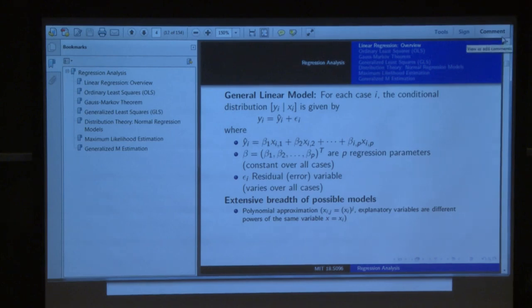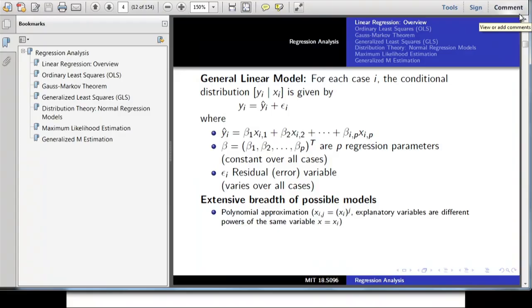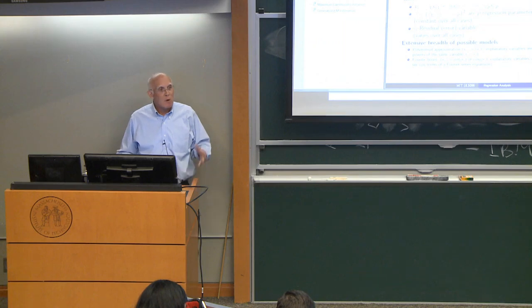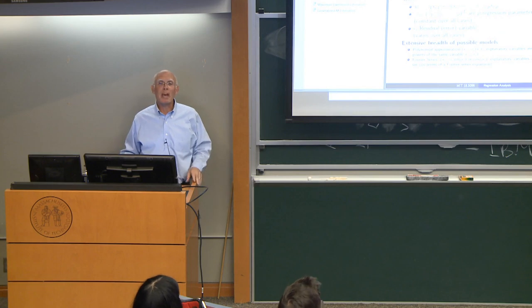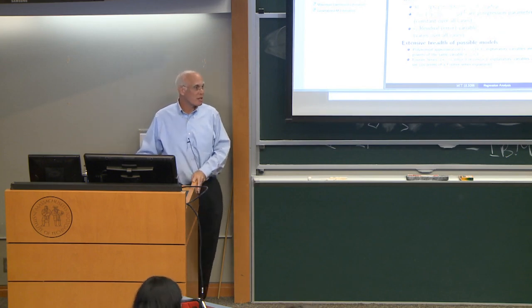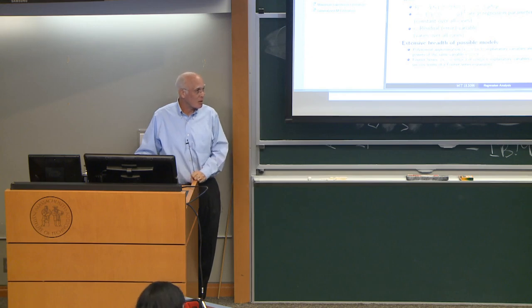How broad are the models? The models really are very broad. First of all, the polynomial approximation indicated here corresponds essentially to a truncated Taylor series approximation to a functional form. For variables that exhibit cyclical behavior, Fourier series can be applied in a linear regression context.